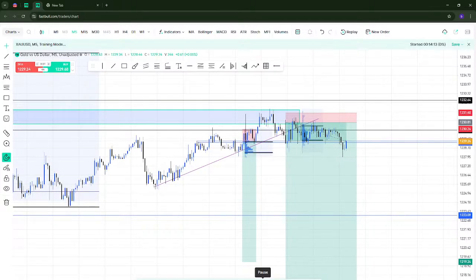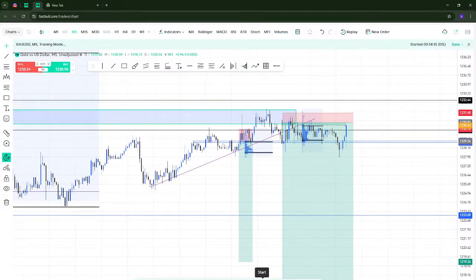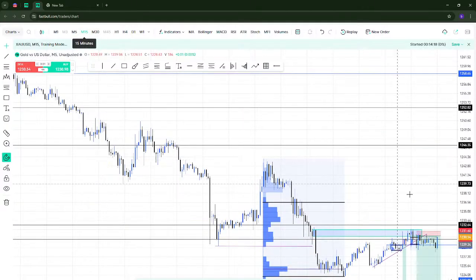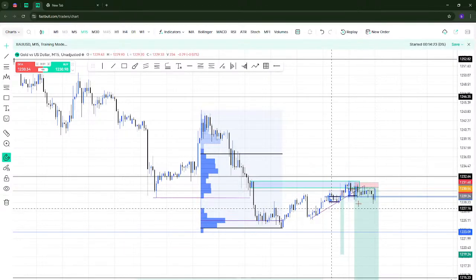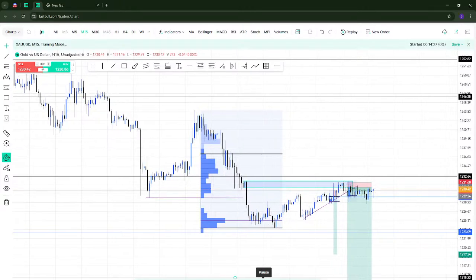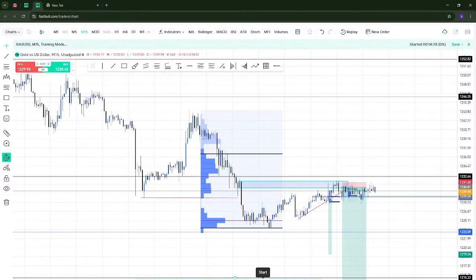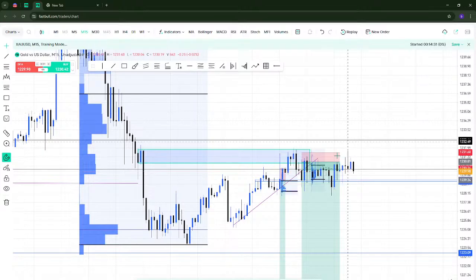Now that's bad because we are clearly failing to break the liquidity. We are just consolidating that area. See, now that trade failed again. So it was just a bad consolidation, but you had your X1.